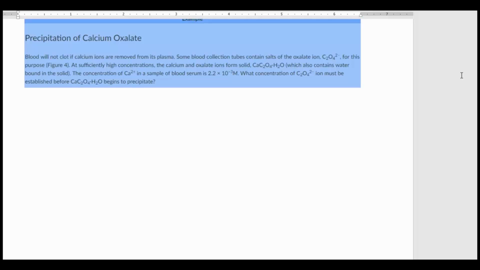Well, you're going to need to know how the calcium oxalate breaks apart, and you need to know the KSP. So the KSP value that I found on the table within the classroom is 2.27 times 10 to the negative 9. So this calcium oxalate is going to break up into 1 calcium and 1 oxalate. That's all that you need to worry about. You don't need to worry about this water. So it's a 1-to-1 relationship.